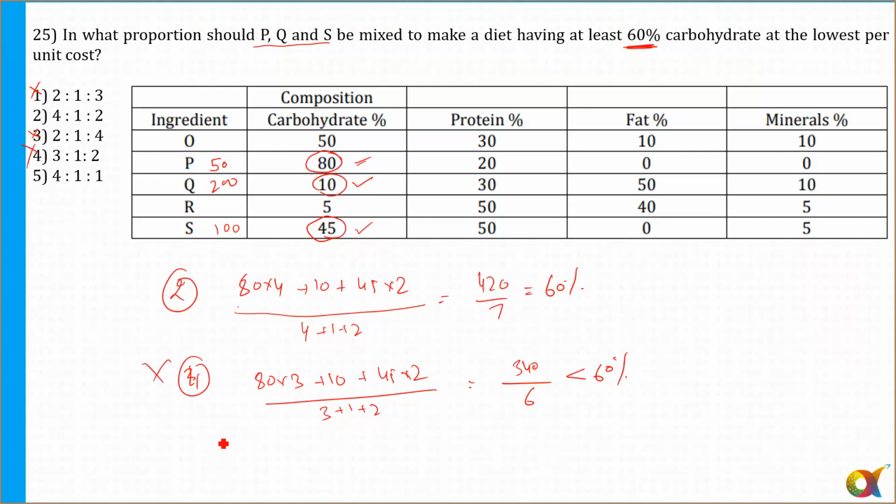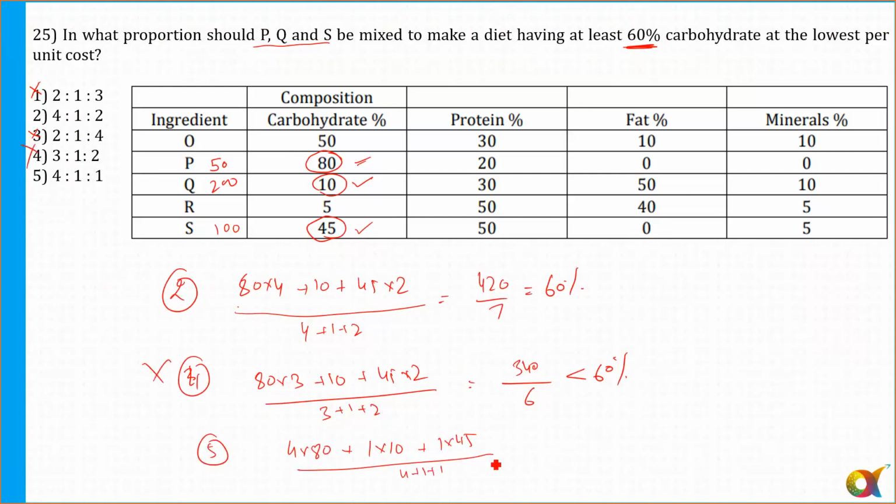Now, option number 5. 4 units of P, so I can say 4 into 80, plus 1 unit of Q and 1 unit of S, upon 4 plus 1 plus 1.